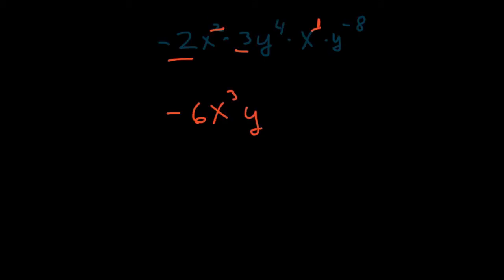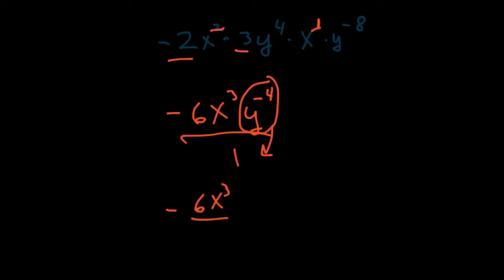For y, it'll be 4 plus -8, which is -4. So we have a negative exponent, meaning this y to the negative fourth will go to the denominator, and it'll become negative 6x to the third all over y to the fourth as our final answer.